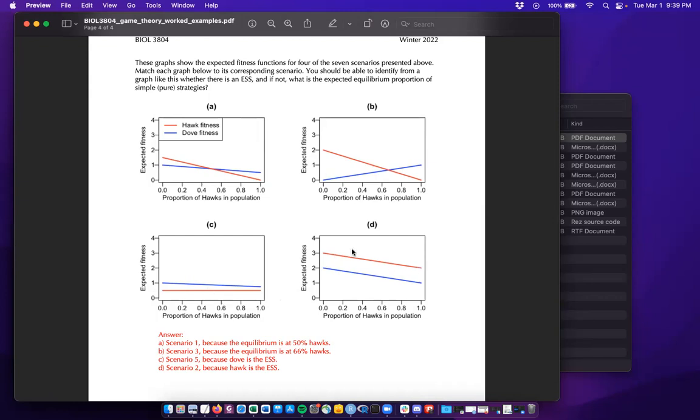So these are graphical representations of scenarios where there is an ESS. And then these are scenarios where there's not, and instead the population will evolve to reach that balancing point. In this case, the balance point ends up being half hawk, half dove. And this is an example of a population that'll evolve to be like 65% hawks or something like that.